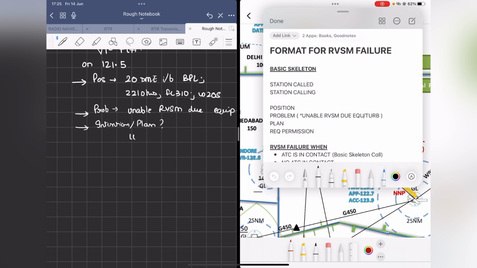Our intention or plan is to turn right or left by 90 degrees for 15 nautical miles and fly, what? Plus minus 500 feet on deviated track.